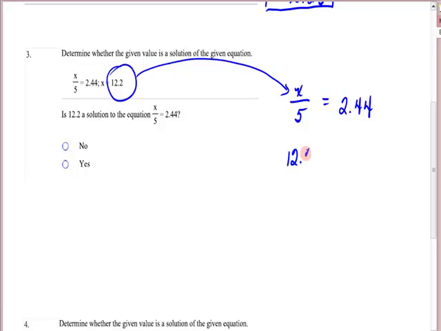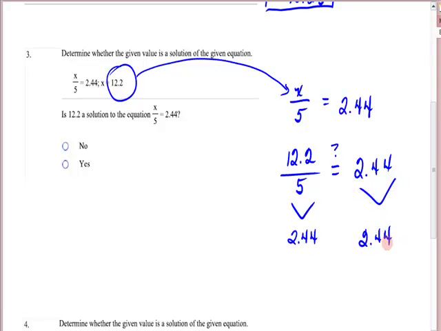If I have 12.2 over 5, will that be the same as 2.44? Okay, I need to do that. 12.2 divided by 5, and I get 2.44. This side is 2.44, so the answer is yes. It must be a solution because when I replaced it, I got a true statement.